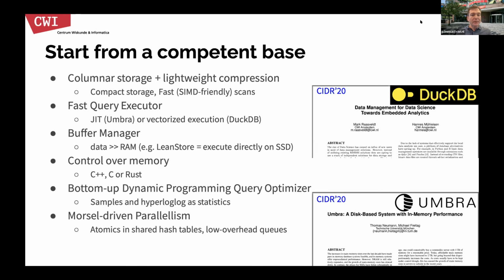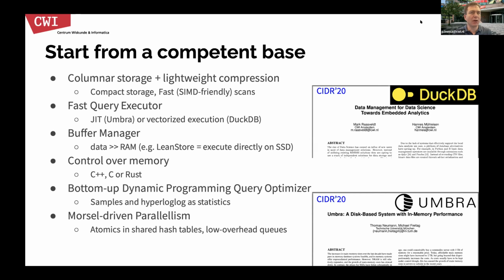And it has very good query execution performance. You would definitely go for a buffer manager, because you will not want your system to be restricted only by main memory. Specifically, there is this line of work on LeanStore, where the idea is that we will be able to execute at almost RAM speeds on flash drives.